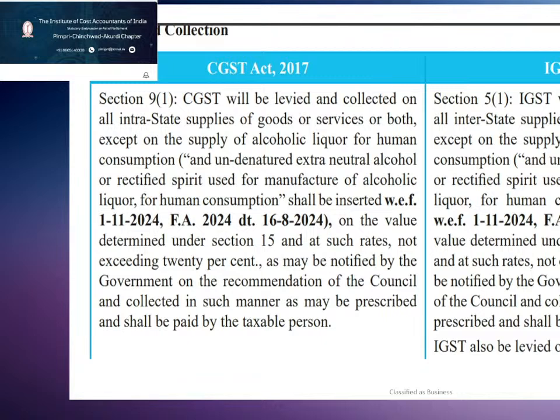It is 5% GST, so 2.5% and 2.5%. So he will be paying 64,000 to the government. So which is more beneficial for him, registering under the normal scheme or under the composition scheme? The normal scheme, yes.